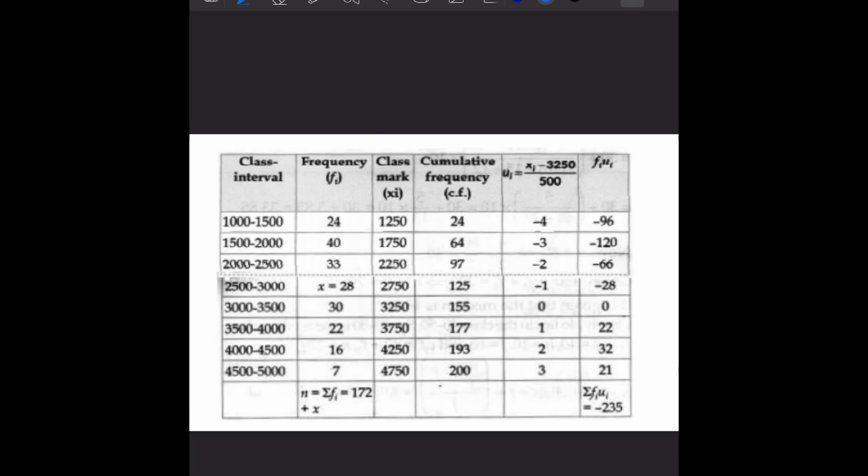And how do we find out fiui का column? We first find out ui. What is ui? xi minus assumed mean upon h. So क्लास इंटरवल, फ्रीक्वेंसी, क्लास मार्क, क्यूमुलेटिव फ्रीक्वेंसी, ui का table बनाएंगे, fiui का table बनाएंगे. This is frequency. Cumulative frequency: what is cumulative frequency? आप first frequency वैसे ही रखते हो, then you add it cumulatively. 40 add करूंगा 24 में, तो we get 64. Similarly 33 add करूंगा 64 में, you get 97.